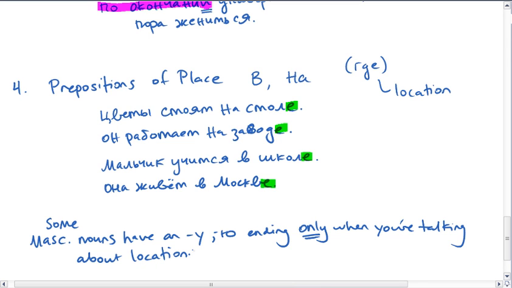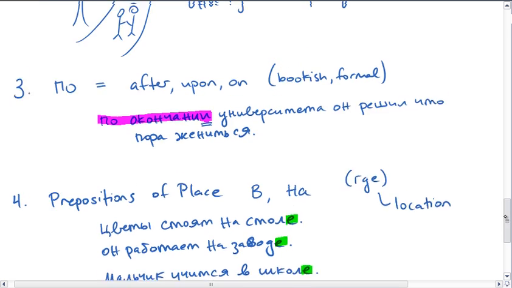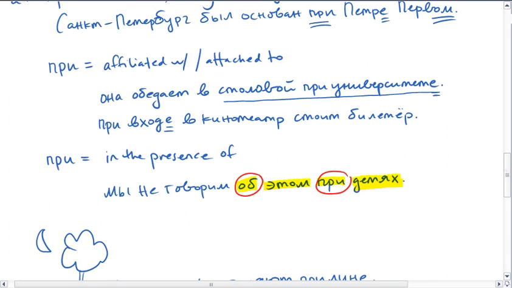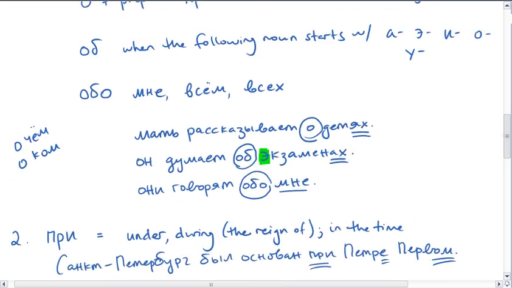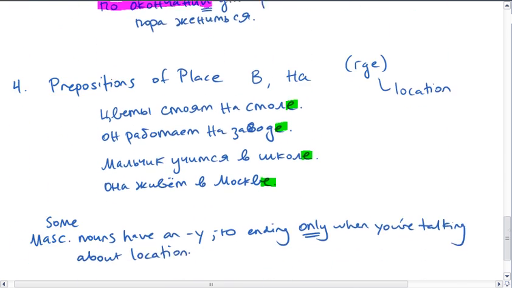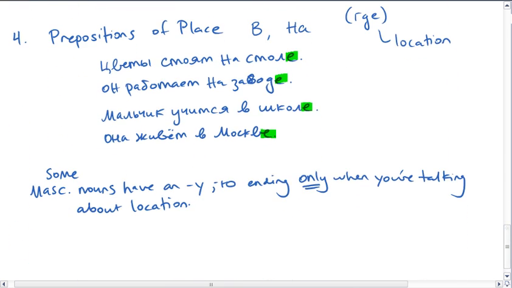So if you use these other prepositions and the prepositional case, like при or о or по, then these masculine nouns are going to have a normal prepositional ending. It's going to have normal masculine endings.